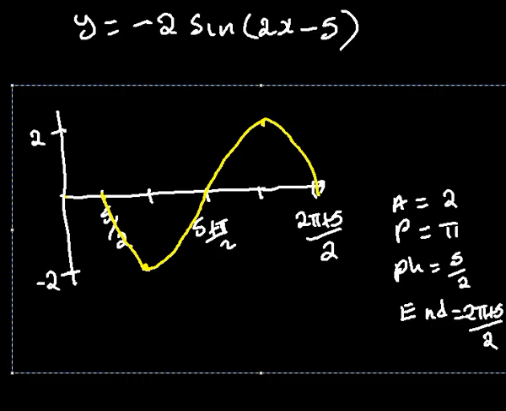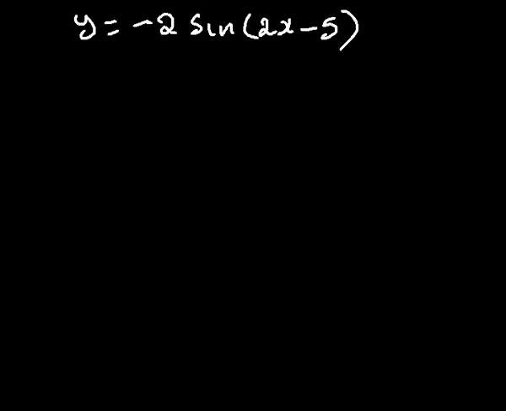And let's say if we have this case. So let's say we have a function given as y is equal to negative 6 sine of 5 pi x minus 1 over 2.